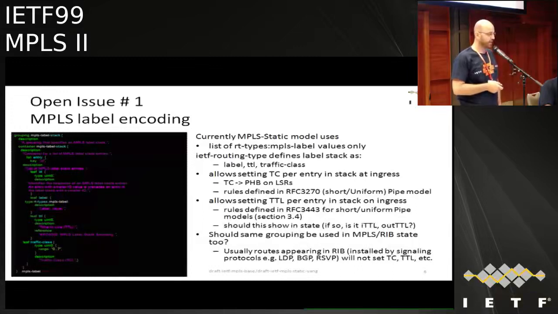They have defined an encoding which exposes the TTL, the traffic control, and the label value. So basically, they expose the whole label when trying to configure a label stack. We wanted to have a discussion on whether we should allow specifying TTL for non-top labels, for every label in the stack that we're trying to push. Should we allow specifying traffic control or traffic class per label?